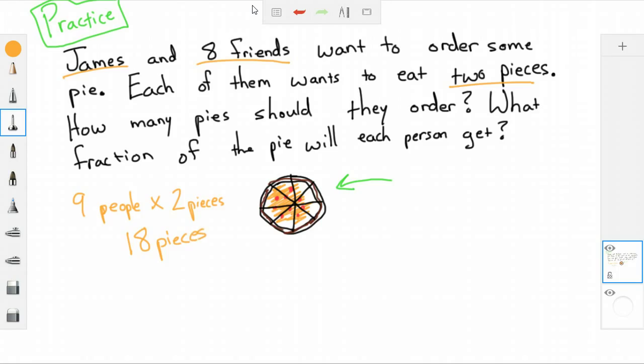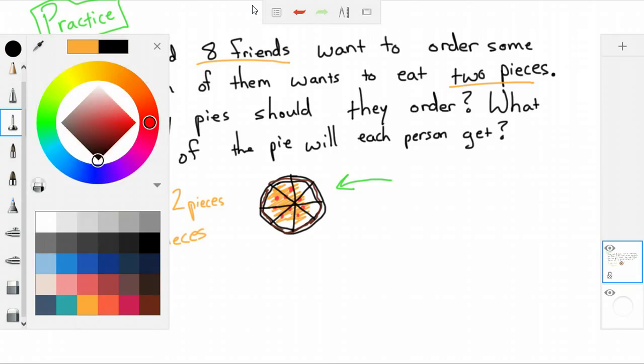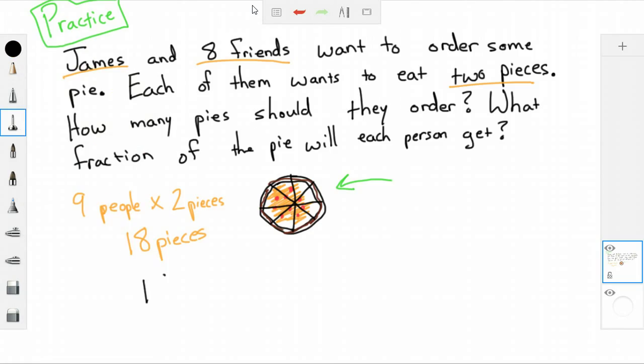So how am I going to figure out how many pies they need? Well, this right here is going to be my numerator for my fraction. They want to eat 18 pieces total, and each pie is cut into how many pieces? Well, 1, 2, 3, 4, 5, 6, 7, 8.